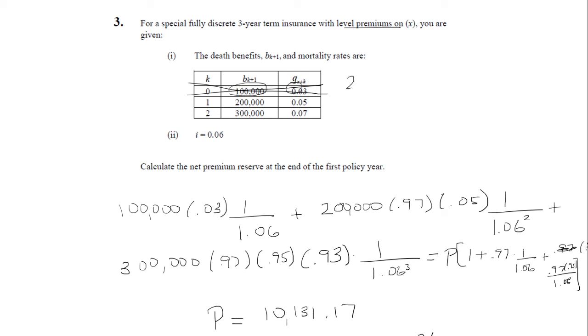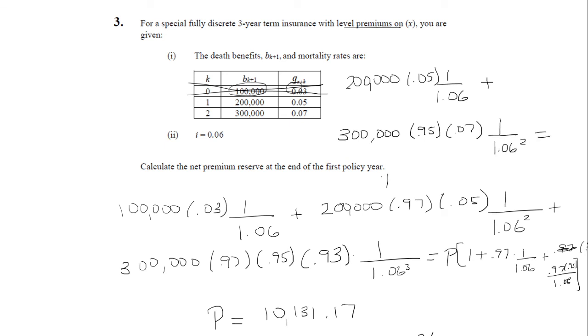You have 200,000 as your death benefit, discounted back 1 year, and the probability of getting the benefit, dying, is 0.05. Plus, the other benefit is 300,000, and the probability of getting that is surviving year 1 and then dying in year 2, discounted back 2 years.